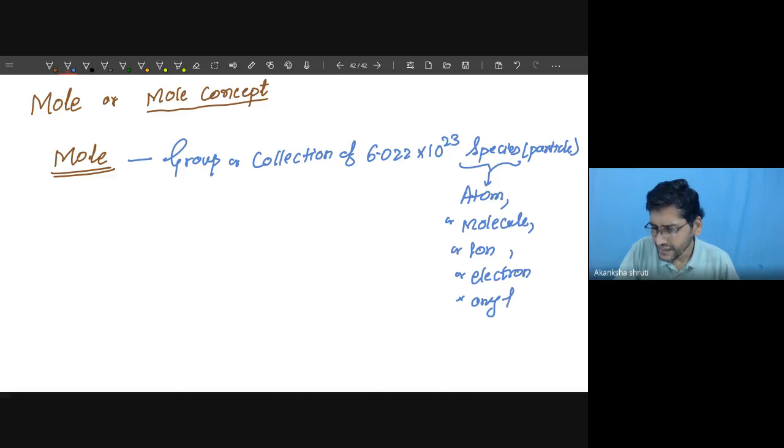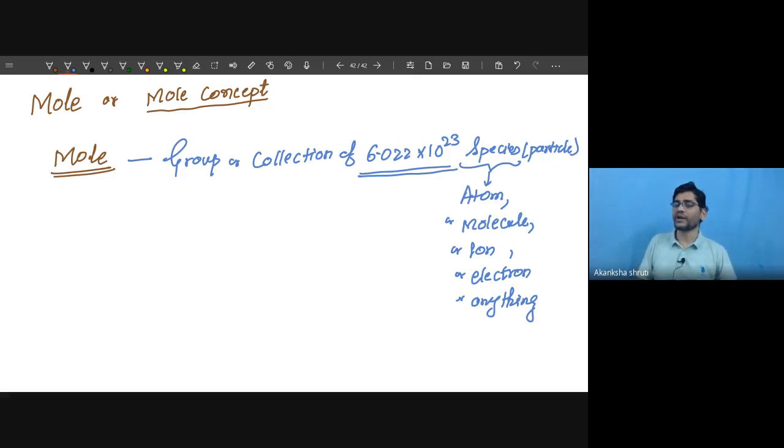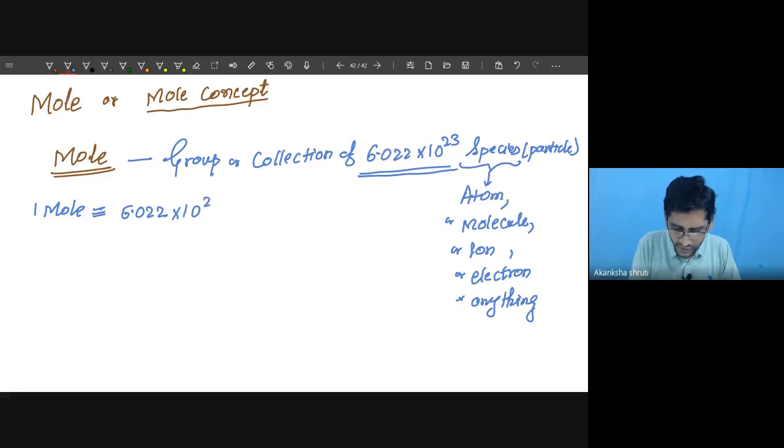So anything of this much number, 6.022 into 10 to the power 23, is called 1 mole. It simply means 1 mole is identical to 6.022 into 10 to the power 23 species.